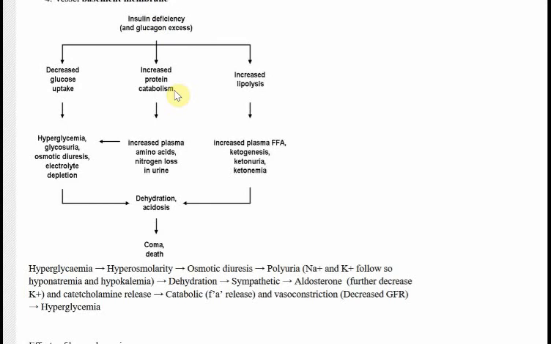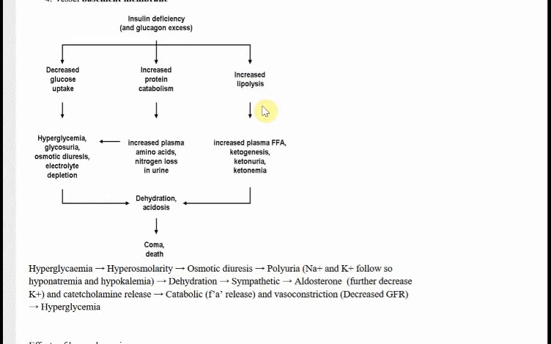So if you're deficient in insulin, everything breaks down. Protein catabolism. Your fat breaks down. And as a result, you get free fatty acid formation as a result of fat breakdown.